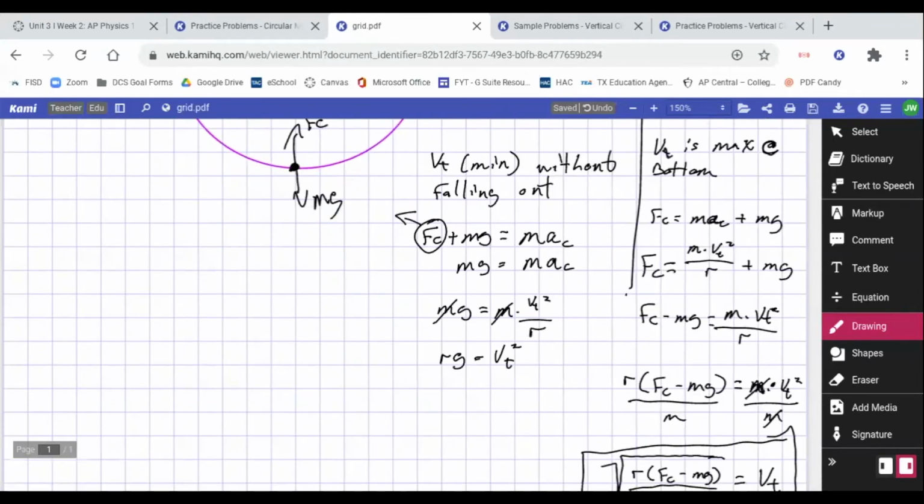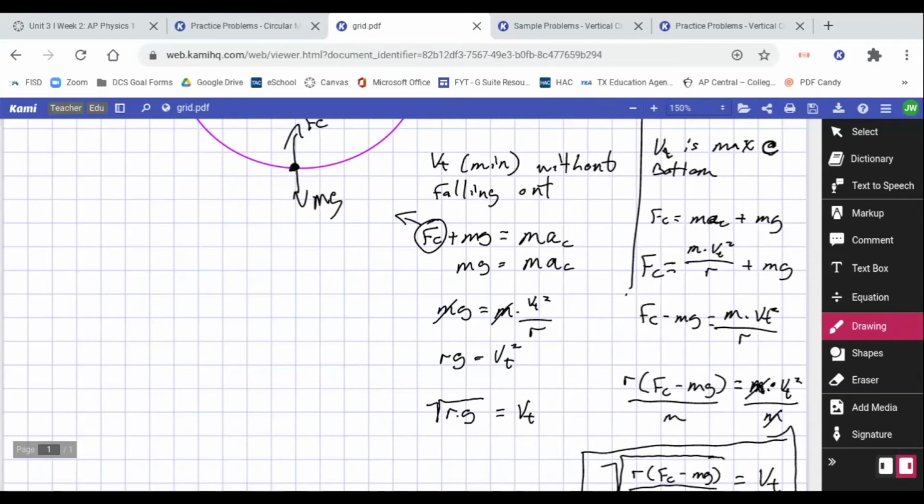If I were to square root that, I would simply get the square root of R times G is equal to tangential velocity. So if we're looking for the minimum velocity in order to stay in the circle without falling out, it would be the square root of radius of the circle times gravity. Gravity's 10. So the square root of 10R is the minimum velocity to stay inside of a circle.